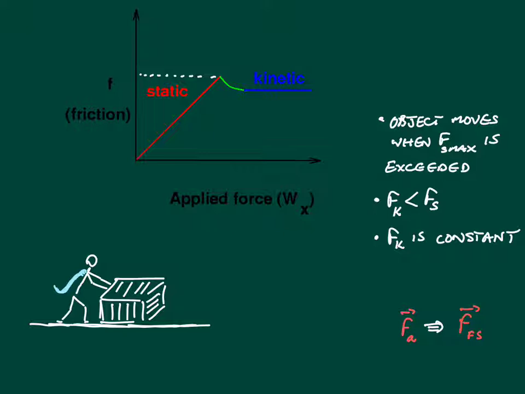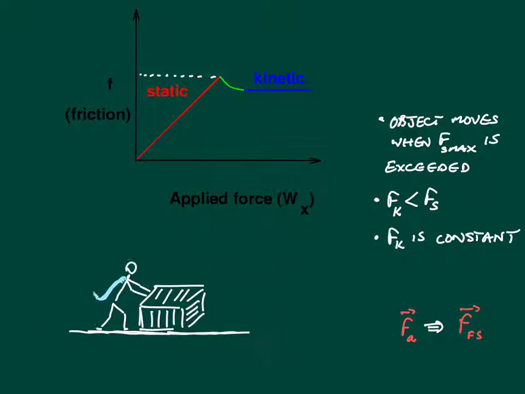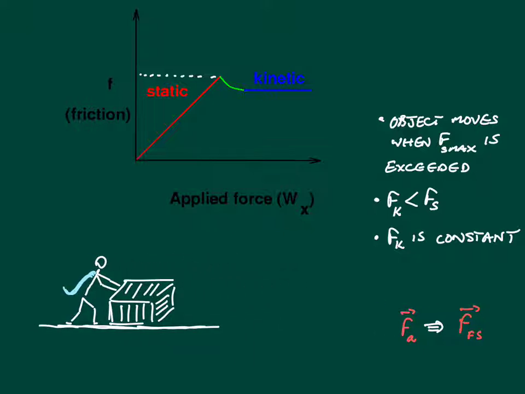So what's the relationship between static and kinetic friction? Well, if I take this little moving box superhero who's got a wonderful little cape blowing in the wind, and I start applying a force to the box, there is a time period when there's static friction and the applied force is not enough to move it.